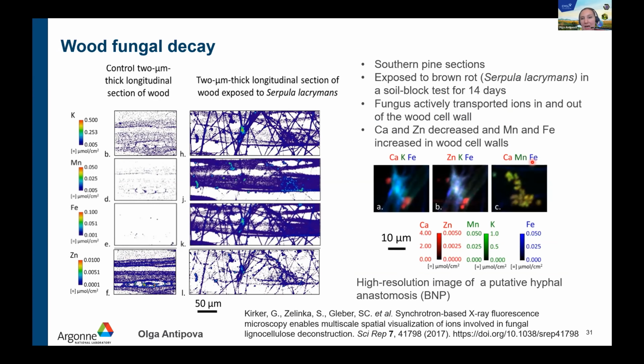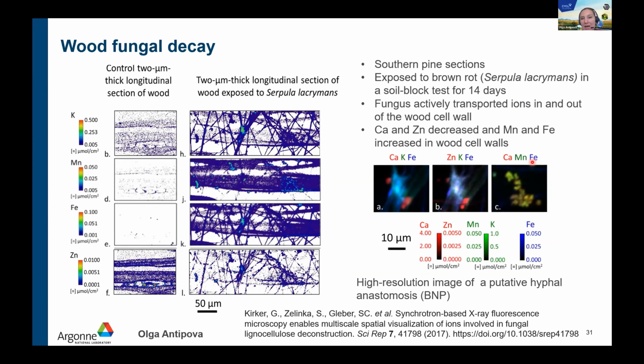In this case, we were using 3 different beamlines to look at 3 different resolutions. 8BM results are not shown here, but they were looking at larger chips. Here, we were looking at 2-micron thick sections with fungal hyphae displayed here, and observed dramatic changes in zinc, calcium, iron, and manganese.